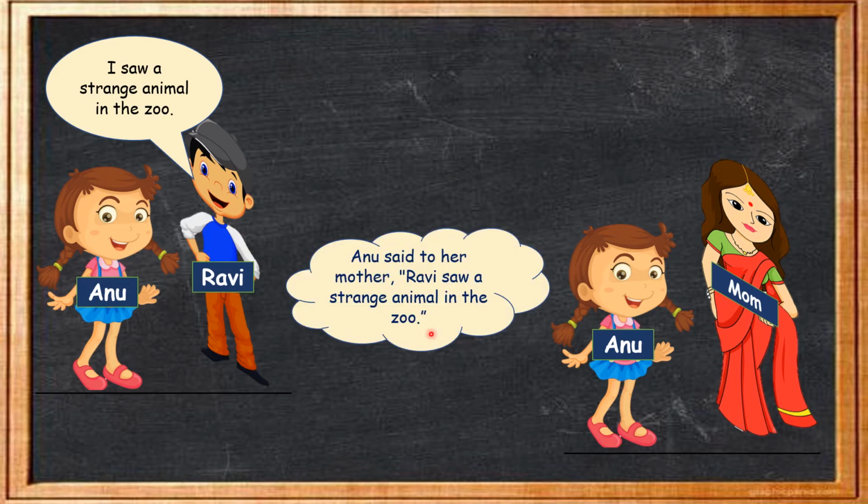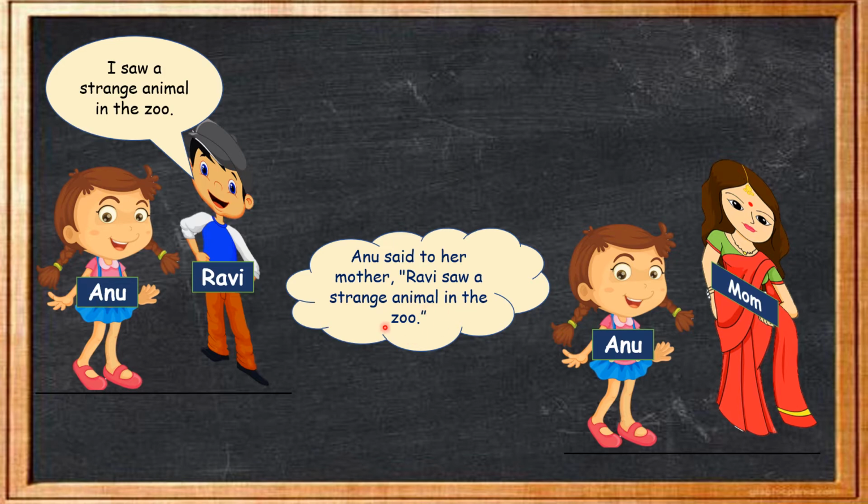For example, Anu said to her mother, Ravi saw a strange animal in the zoo. This is the exact word Ravi has used. Anu said to her mother, what did she say? Ravi saw a strange animal in the zoo.